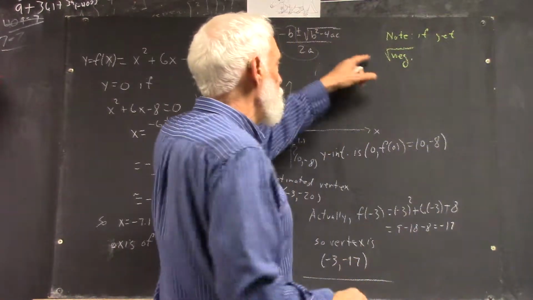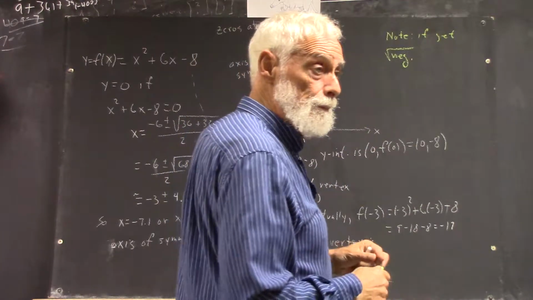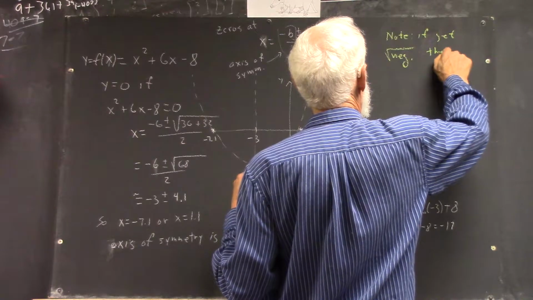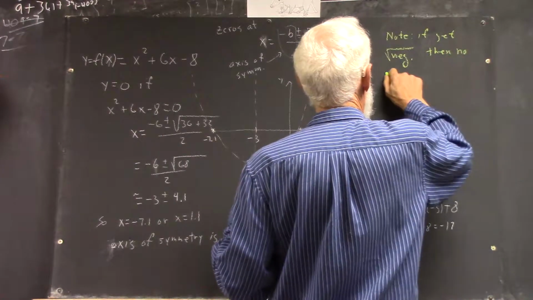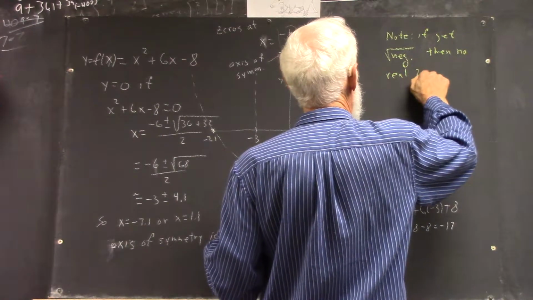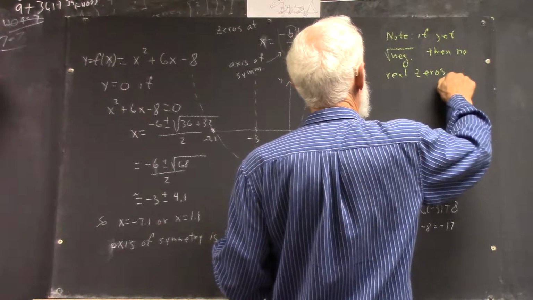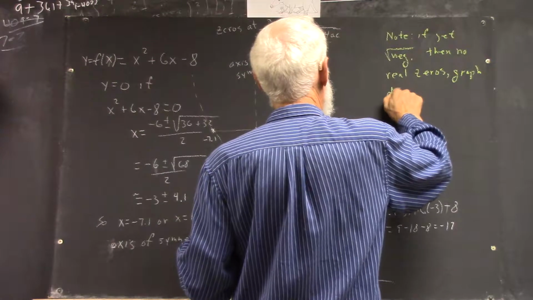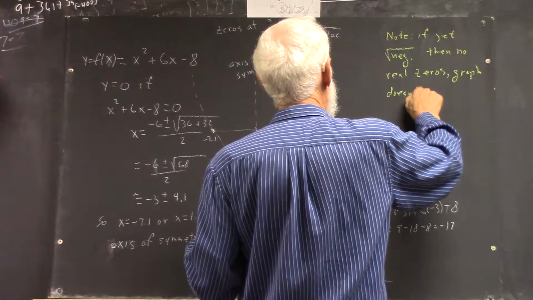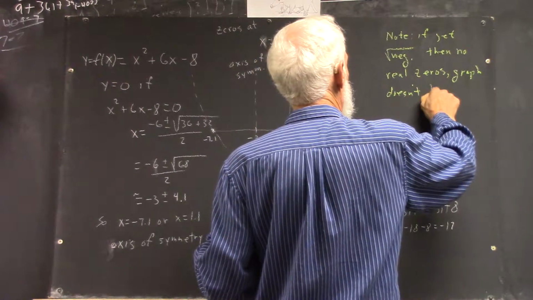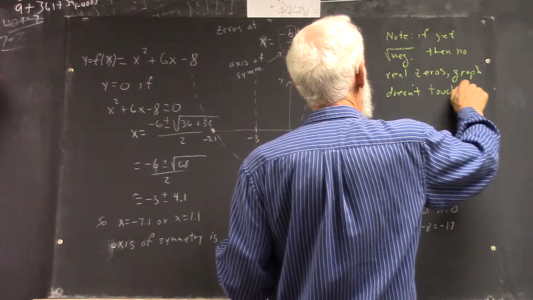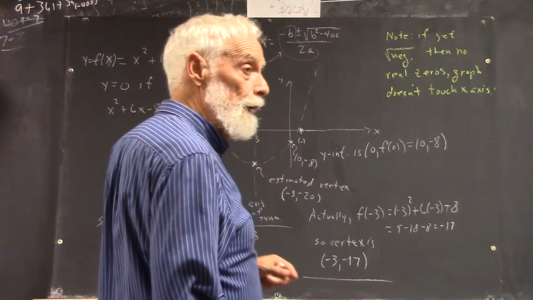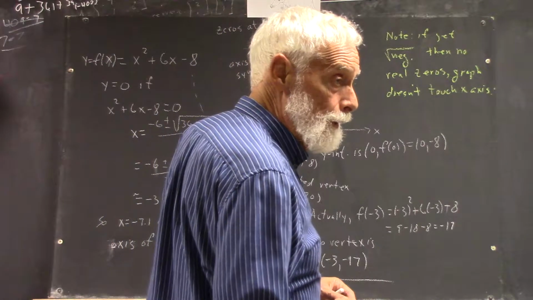If we get the square root of a negative number, then there are no real zeros. The graph doesn't touch the x-axis. Okay?